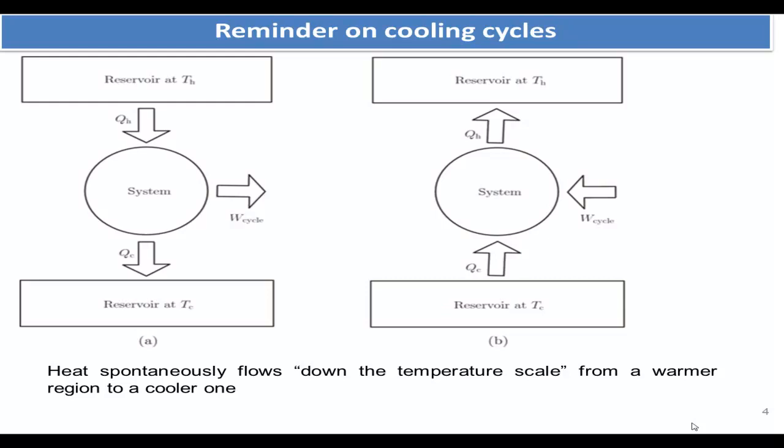And with an alternator coupled to the shaft, you get electricity. So these are heat engines. Heat engines receive heat from a high temperature source, convert part of that heat into work, and then reject the other part.